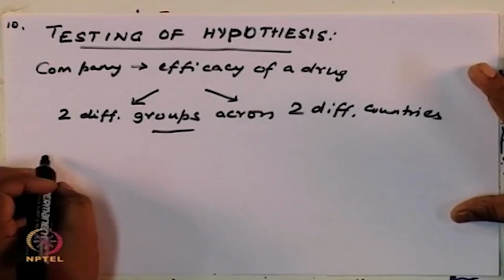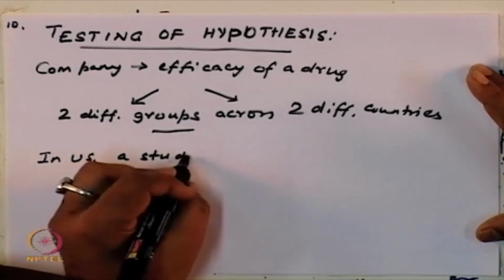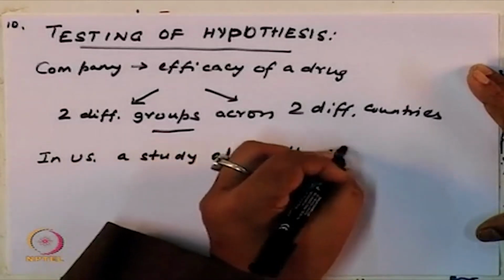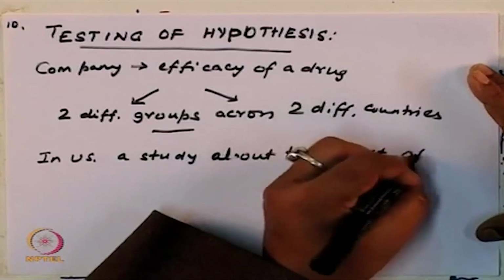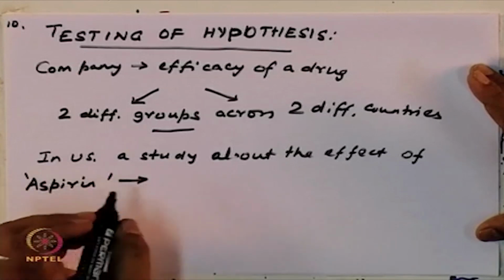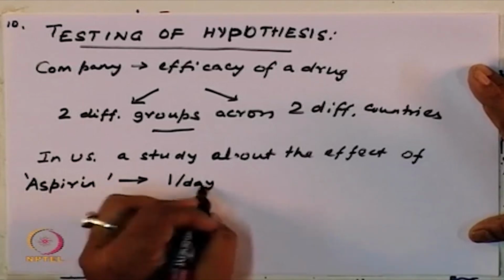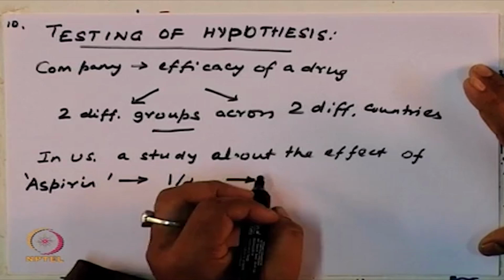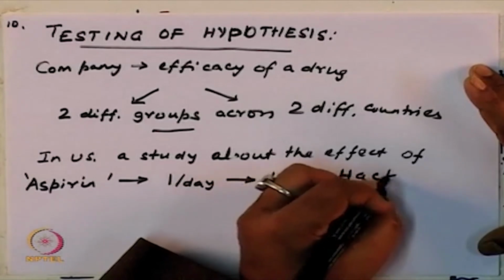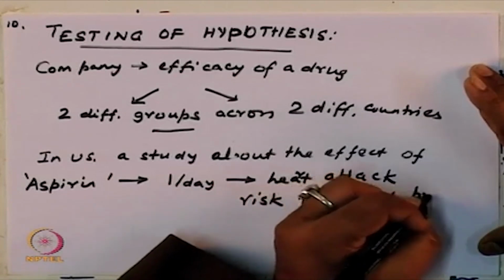As an example, in the US, a study about the effect of the drug called aspirin concluded that if a patient was taking 1 pill per day, this leads to a reduction of heart attack risk by half.